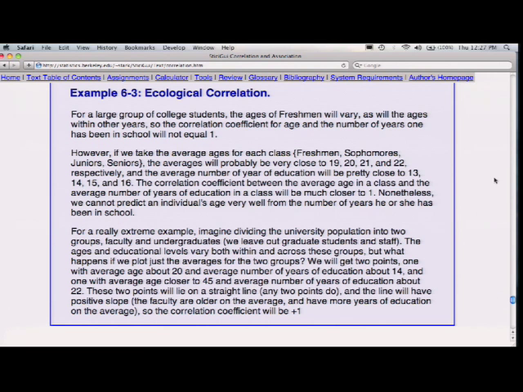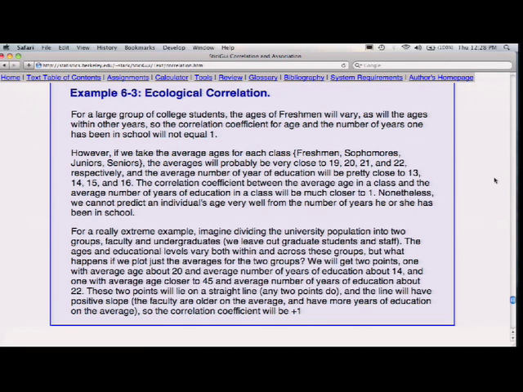So 17 is the youngest. Okay, seniors? Any seniors? Juniors? A lot of juniors. Okay, is anybody over the age of 24? 25? Okay, so we've got a range of like 17 to something going on in the class.